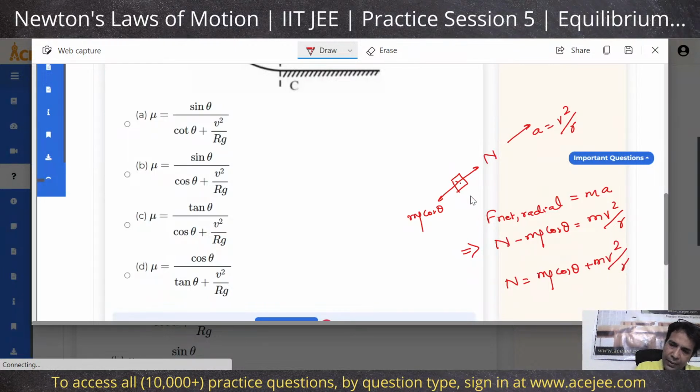Now along the incline there is no acceleration, so the forces must be balanced. And I'm going to write mu N as the frictional force. Why? Because the object is sliding, so we have dynamic friction. Only in static friction do we have to worry about the magnitude of the static friction force.